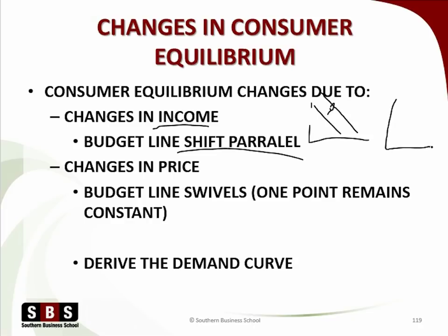Whichever one of the two products is kept constant will remain, but your budget line will just swivel, either that way or that way. So if there's a change in price, one point will remain constant, but if there's a change in income, then both can be changed. You can buy or use more of both.